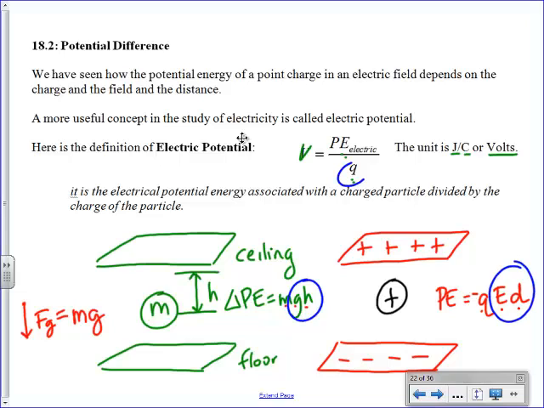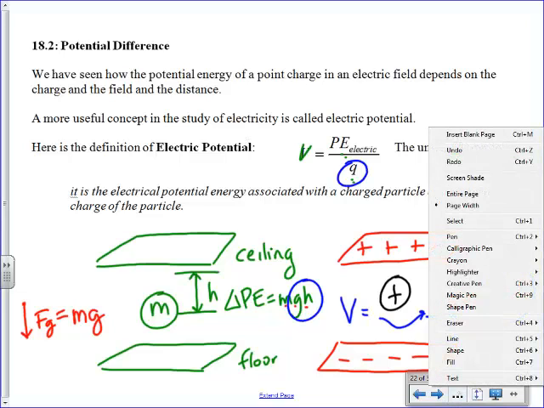You can imagine me dividing out Q, taking PE divided by Q. That's going to equal this new number called voltage, or potential difference. And what is this good for? Well, when we're working with electricity, we're not going to be working with just one charged object at a time. We're not going to work with just one electron, because we want to get to a point where we are working with current electricity.